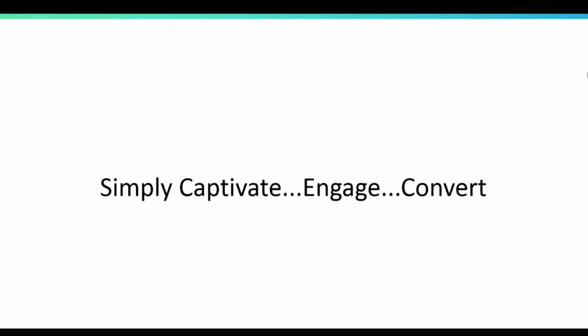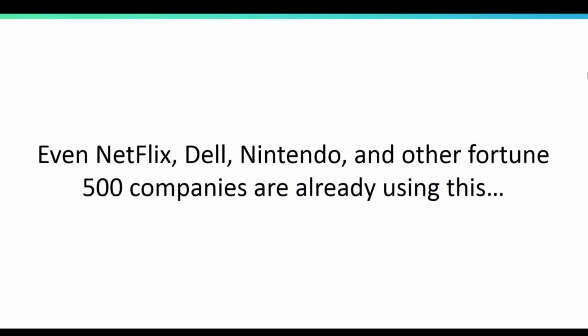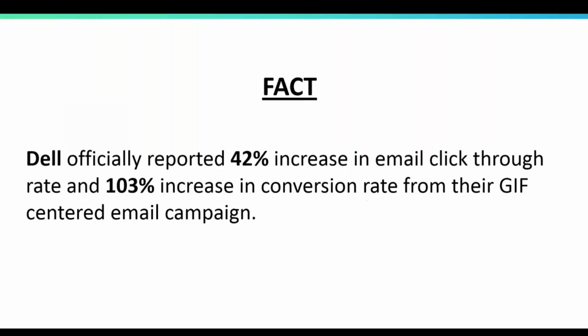All right? And of course, we're going to talk about how you can use this to captivate, engage, and convert. Now, this is not technology that has not been tested before. Even before this was released years ago, Netflix, Dell, Nintendo, and other Fortune 500 companies have been using GIF images to get viral shares and viral traffic.